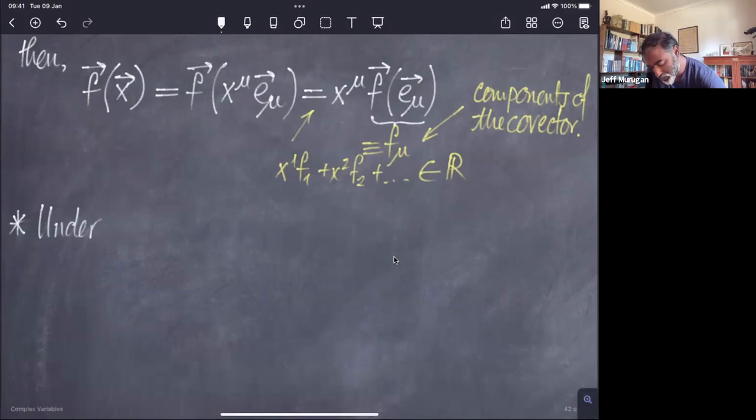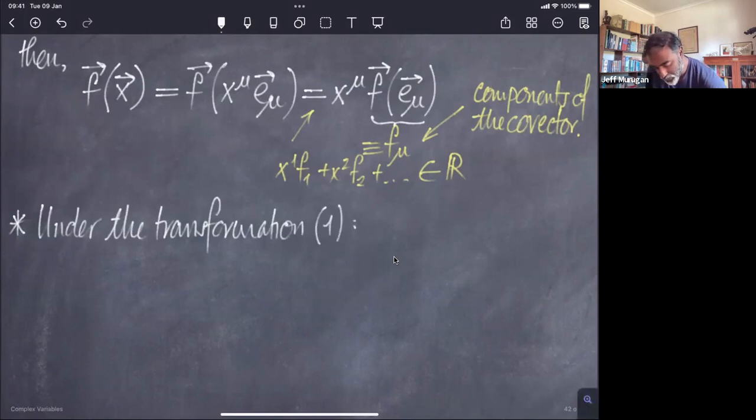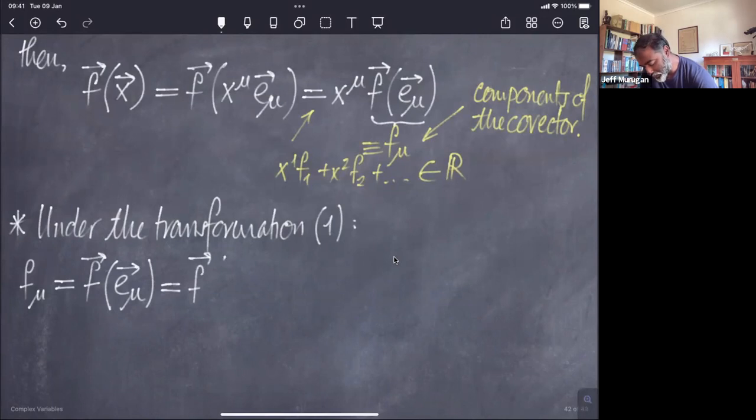Under the transformation, equation 1, f mu, which you'll recall we just defined as the action of f on the basis vectors E mu, is f acting on, now expressing the E mu in terms of the E mu prime, that's A mu nu E nu prime.